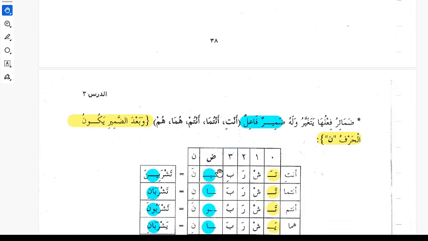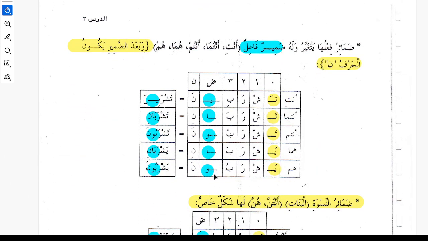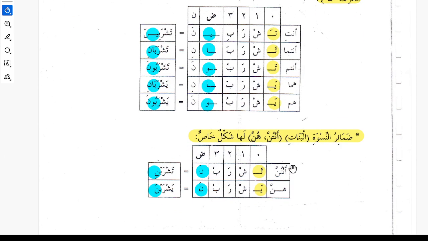Ba did not change, and in these cases ba changed to tashrabina. Tashrabani changes to kasra, fatha. Tashrabuna didn't change, tashrabani, hum yashrabuna, and in these two cases it changed with the sukoon, tashrabna and yashrabna.